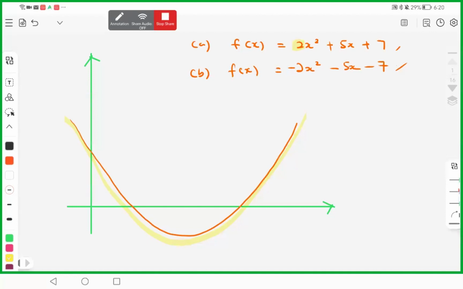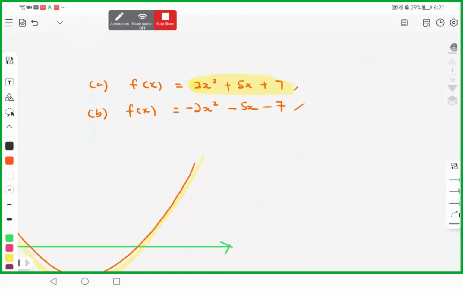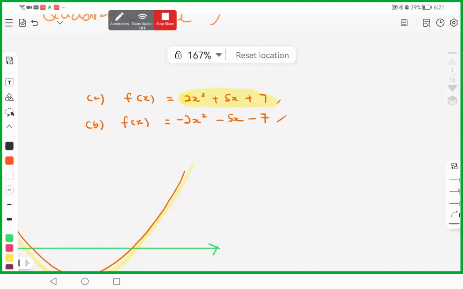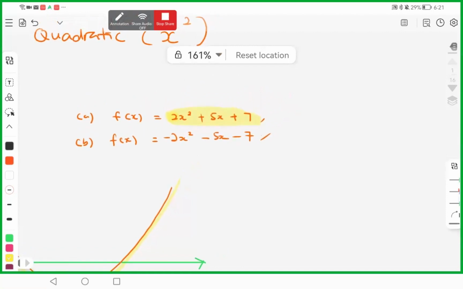Then can you check for me, does this quadratic equation have one real root, two real roots, or no real root? Remember how to check, right? Just key in. Yes, no real roots because got i at the back.